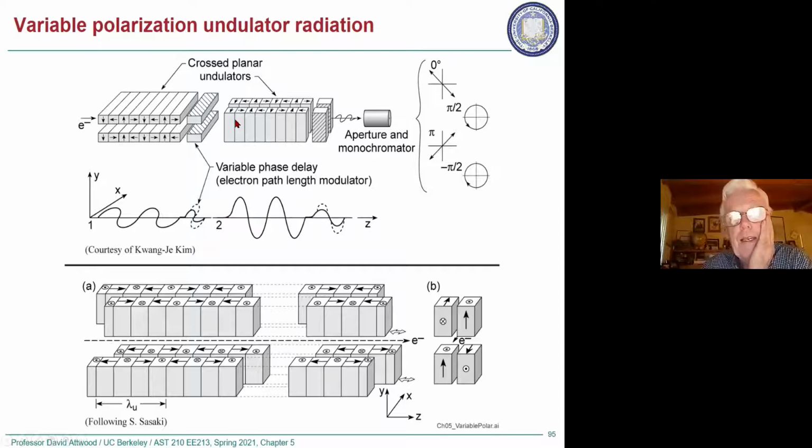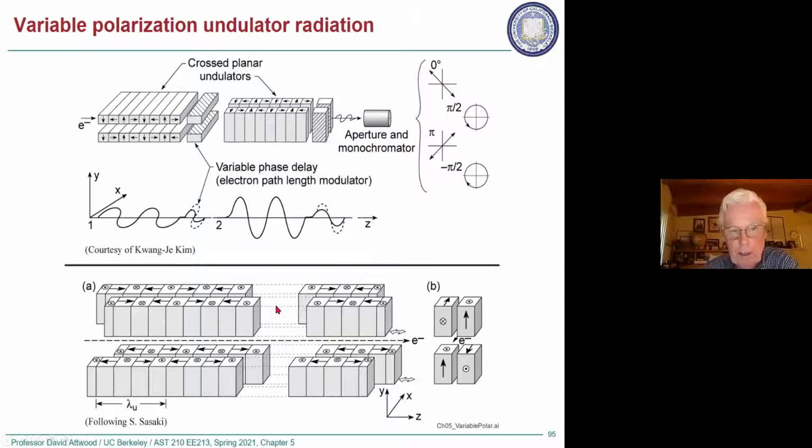And you can get their electric fields to overlap to give you any polarization combination you want. You can have circular polarization, clockwise, counterclockwise. You can get them to add up, so they have a minus 45 degrees or a plus 45 degrees polarization. You can get whatever you want.